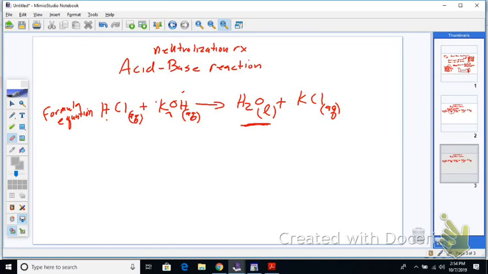So break that apart but leave the water together. Go down through and show your complete ionic reaction.